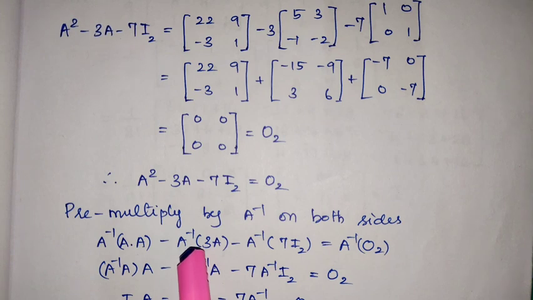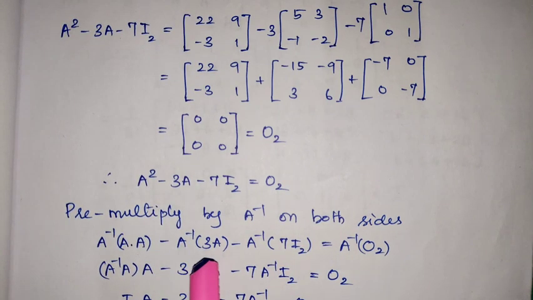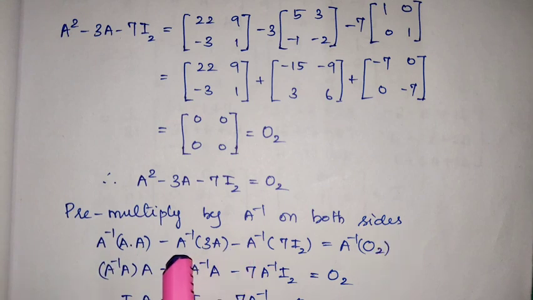AB is not equal to BA, isn't it? So you cannot interchange two matrices, but you can interchange a matrix and a number. That means you change the place of a matrix and a number. So that doesn't matter, right? You cannot interchange these two matrices, right? So A inverse into 3 is a number, so I can interchange this.